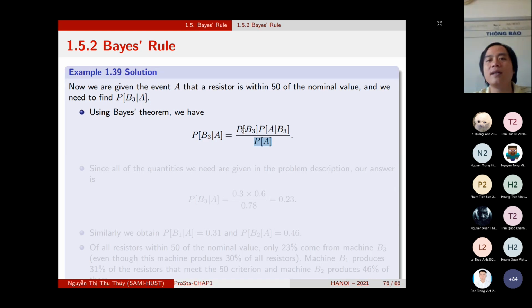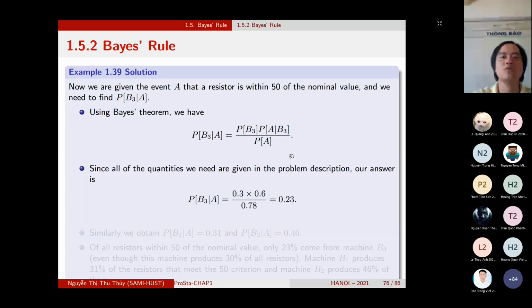And we know this value also. P of B3 is 30%. P of A given B3 is 60%. So we replace the quantities into the formula, and you get probability of B3 given A is only 23%.